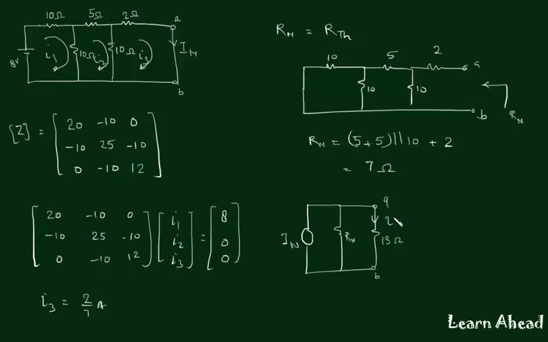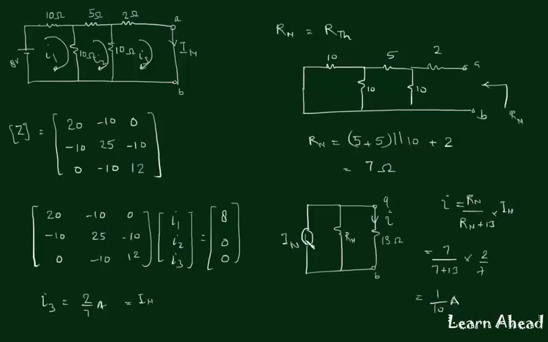Let it be I. It can be found using the current divider rule, which is Rn upon Rn plus 13, into IN. So this is 7 upon 7 plus 13, into 2/7, where 2/7 is IN and 7 is Rn. Solving this, we get 1/10 ampere.